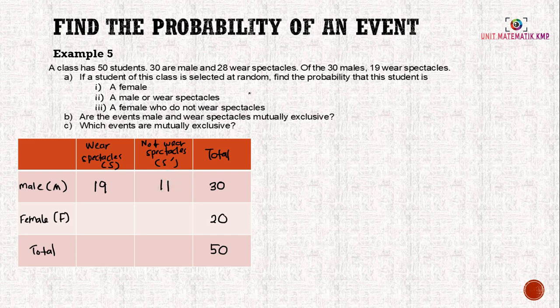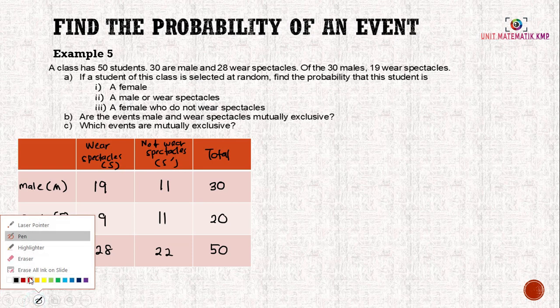And then another information is 28 wear spectacle. So dekat bahagian wear spectacle ni adalah 28 dia punya total. So kita tolak untuk dapatkan female yang wear spectacle, which is 9. And lainnya awak lengkapkan lah guna subtraction. Okay, bila dah complete baru kita jawab soalan.